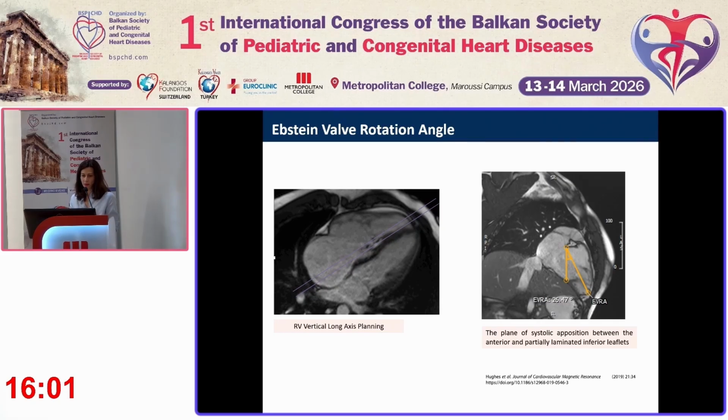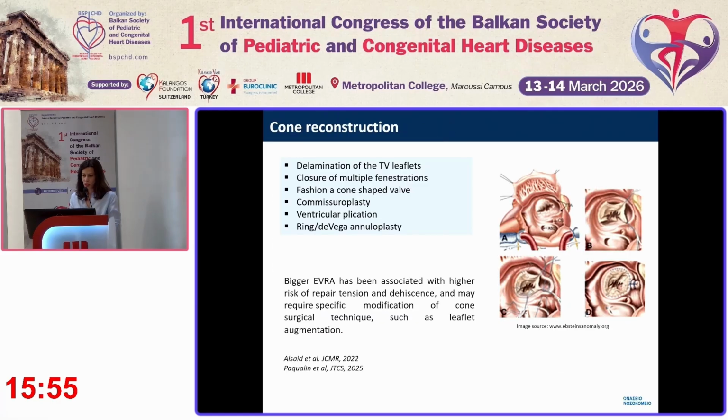So essentially, we measure the displacement, the rotation of the anterior leaflet and the annulus into the RVOT. And the bigger the EVRA is, the higher the association with repair tension and dehiscence.